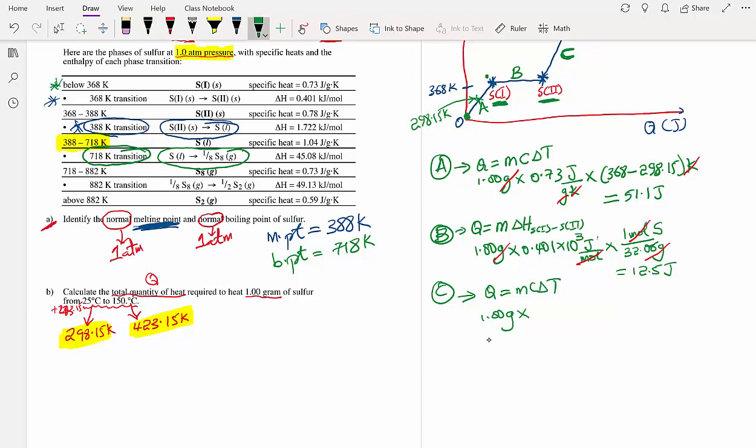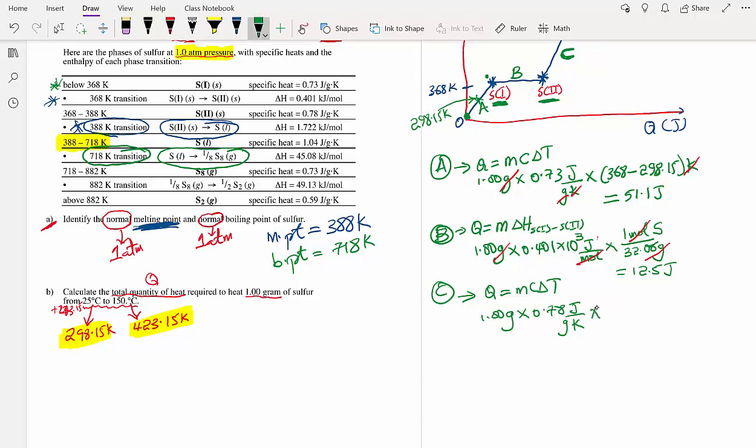The specific heat capacity for sulfur in stage C is 0.78 joules per gram per Kelvin.